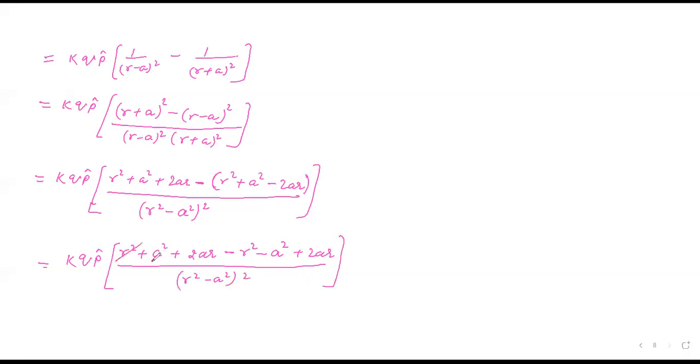R square and A square cancel. Now we get KQ P vector in bracket: 2AR and 2AR will be 4AR over (R square minus A square) whole square.